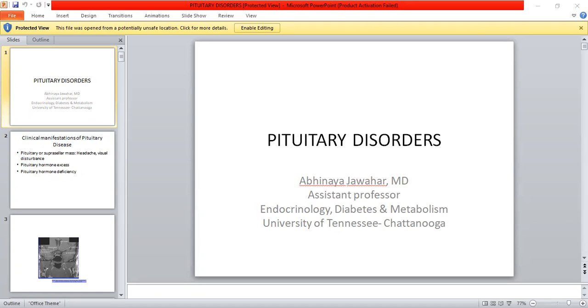So this picture reflects a normal pituitary MRI. I don't know if you can see my arrow up there. You can, okay. So here is the pituitary gland, and just above it is the pituitary stalk, which connects it to the optic chiasm. And lateral to the pituitary is the cavernous sinus.